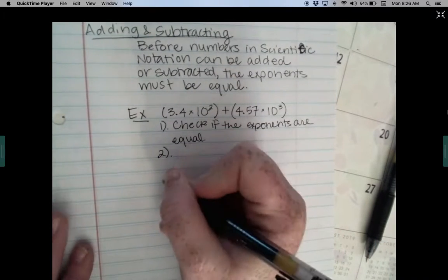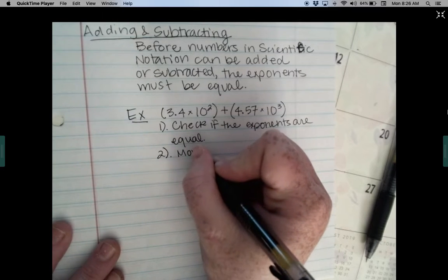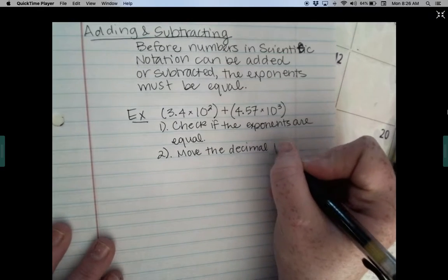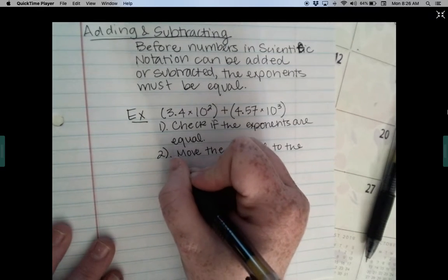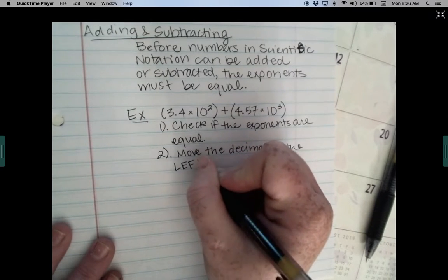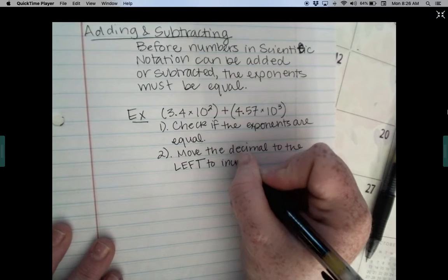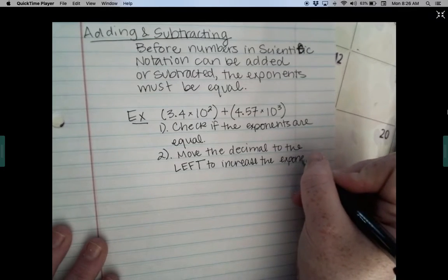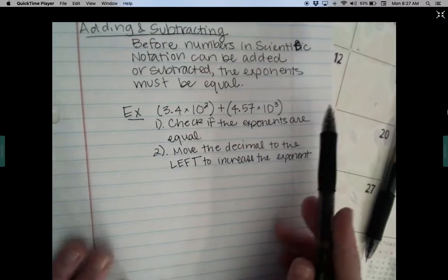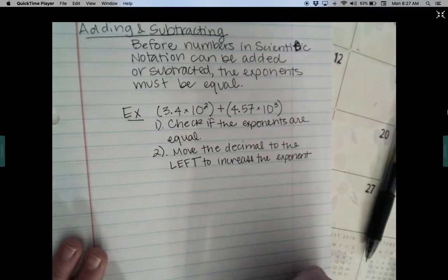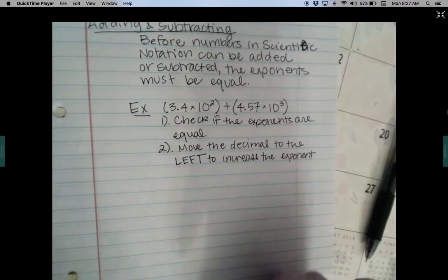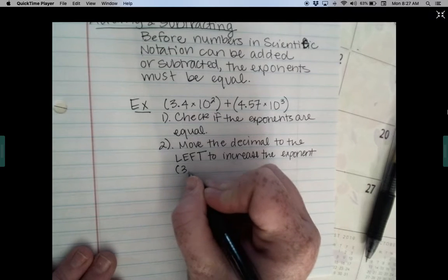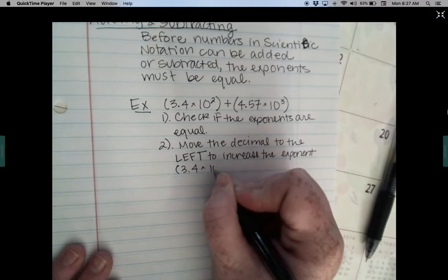So we've checked that. So step 2 is to move the decimal to the left to increase the exponent. So remember, increase means go up, so we're going to increase one of the exponents. If I want them equal, and this one's 2 and this one's 3, which one am I going to increase? The 2. So I'm going to change the 3.4 times 10 to the second.